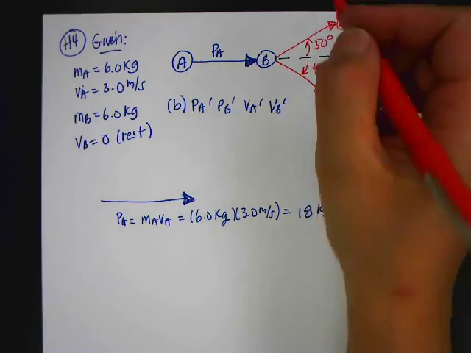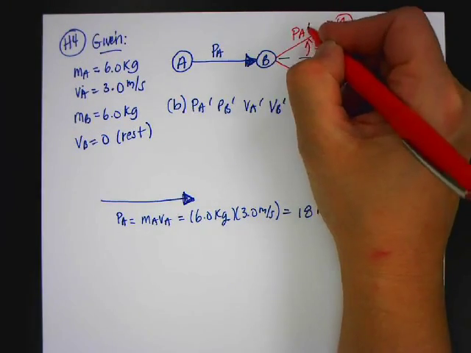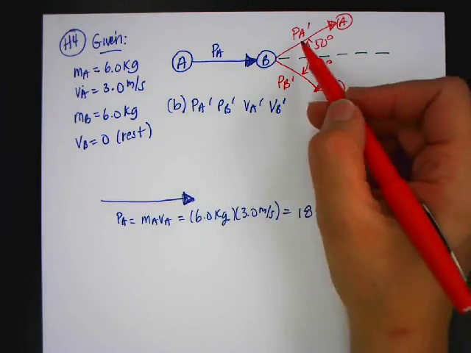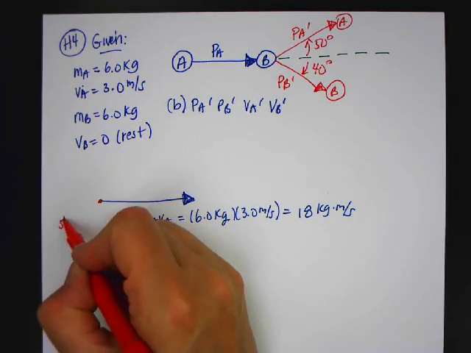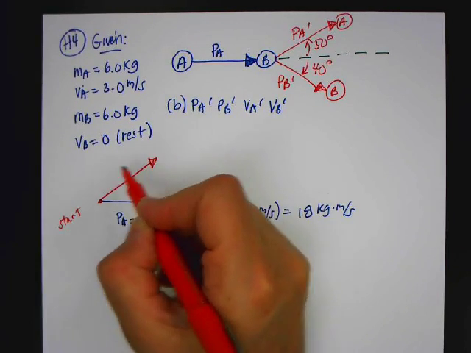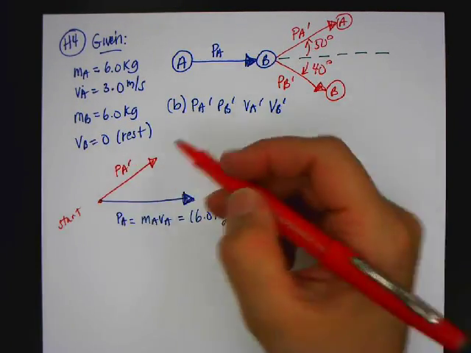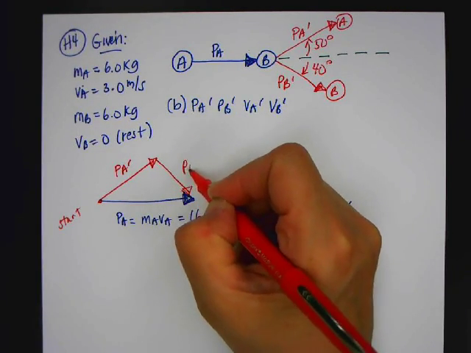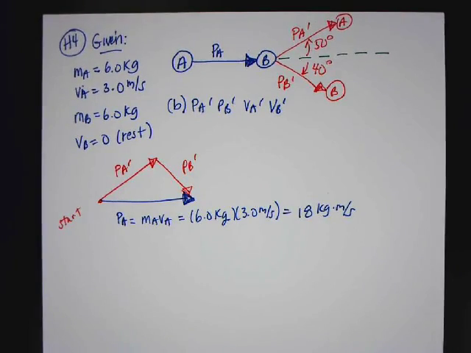So I'll start with this represents PA prime, and this is PB prime. So this is where I start. From where I start, this is PA prime. From the head of this vector, I'm going to put the tail of the other, and this is PB prime. So that's the momentum triangle.